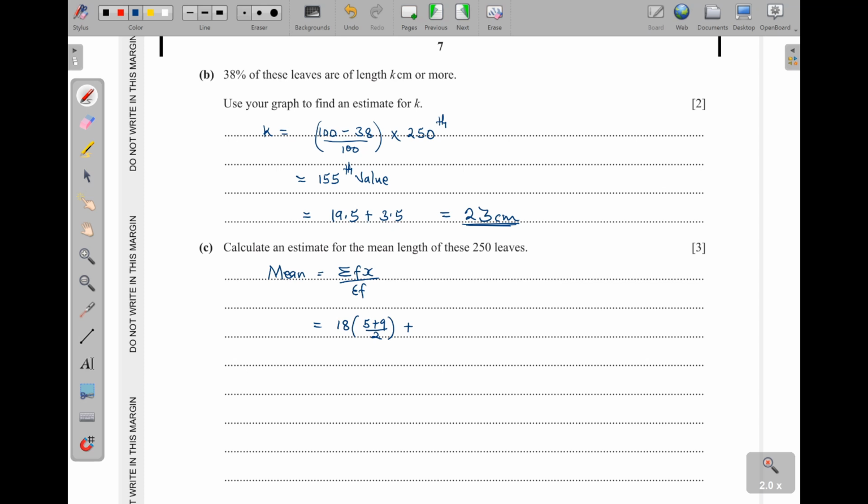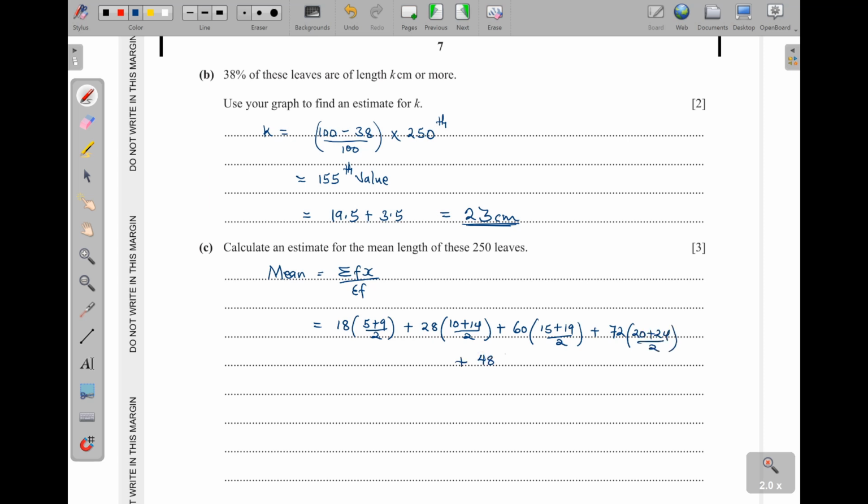Then plus the next one is 28, that's the frequency, and then we are moving from 10 to 14, so you add them, you divide by 2. The next one is 16, then 15 plus 19 over 2. The next one is 72 into 20 plus 24 over 2.